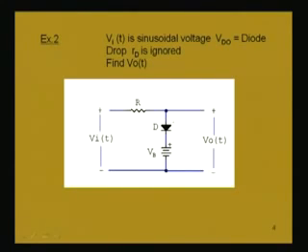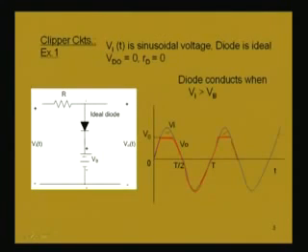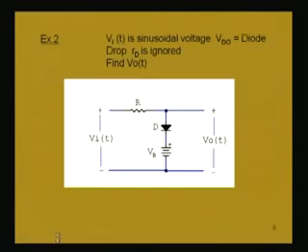Now, this circuit has this diode which is connected to a battery Vb, similar to this example, that is, N is connected to the positive of Vb.